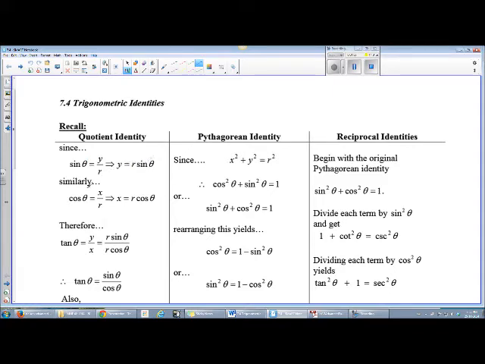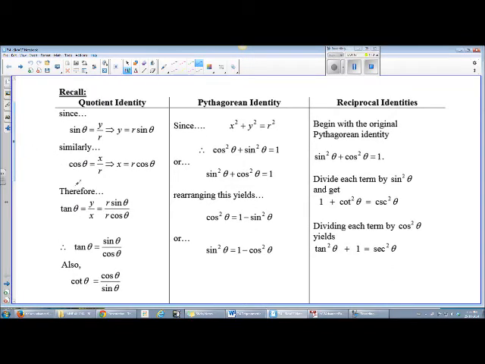Similarly, cosine theta equals x over r. Multiplying both sides by r, we get x equals r cosine theta. And therefore, we know that tangent of theta is y over x, which is r sine theta divided by r cosine theta. The r's cancel, so we're left with tangent of theta equals sine theta over cosine theta.